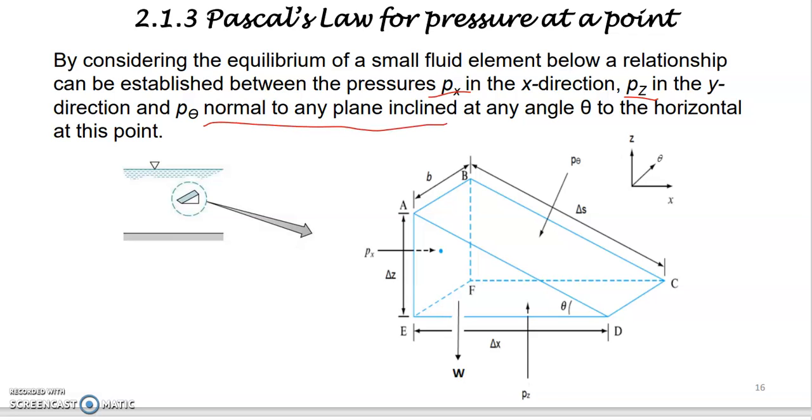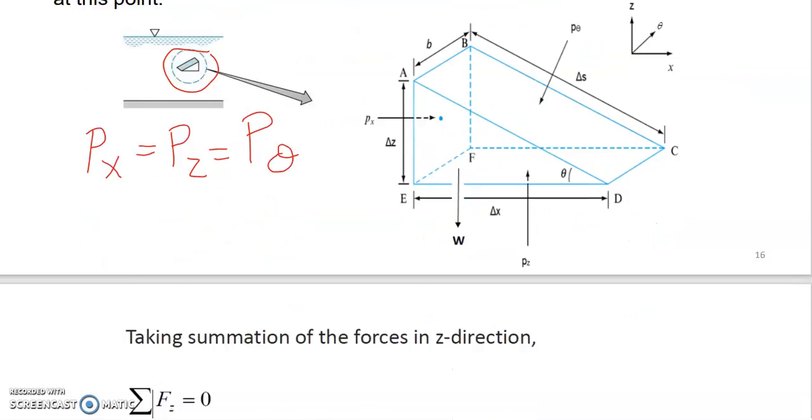So we have this prism inside the water. We need to prove that Px equals Pz and equals P naught. This means that pressure is the same in all directions. Okay, let's see how we prove it.